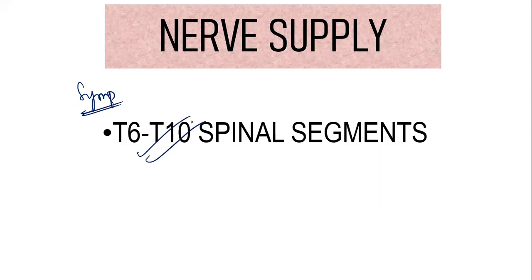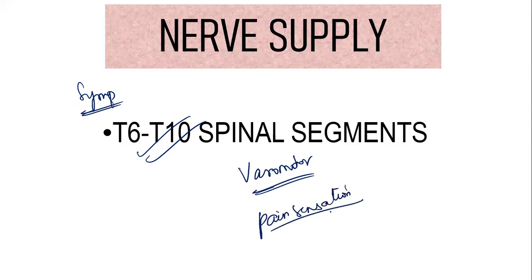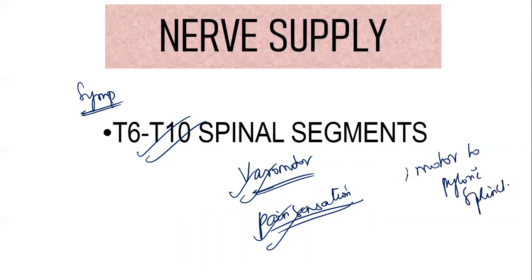It is going to be mainly vasomotor. It carries all the pain sensation from the stomach, and it also sends some motor routes to the pyloric sphincter. So these are the three functions of the sympathetic supply of the stomach.